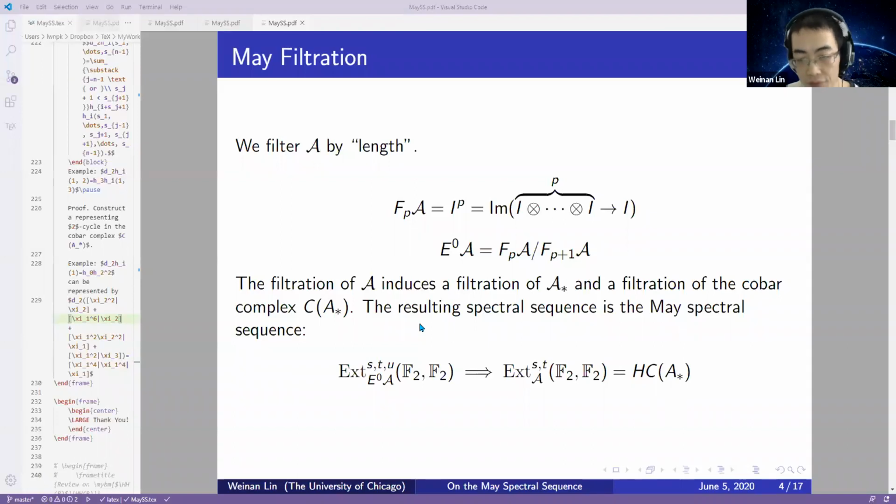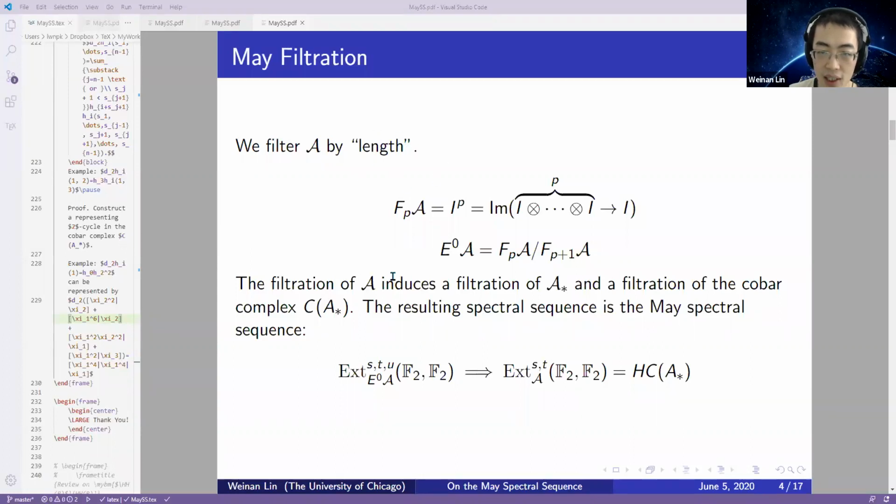So we have to find some way to compute that. And the idea of May is that we can filter A again. And here we filter A by length.